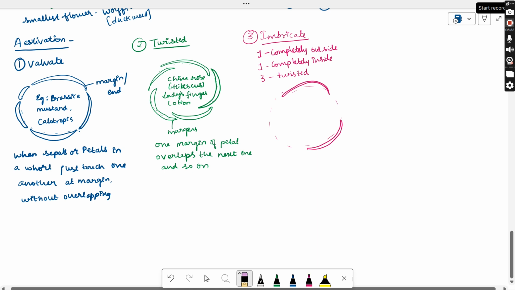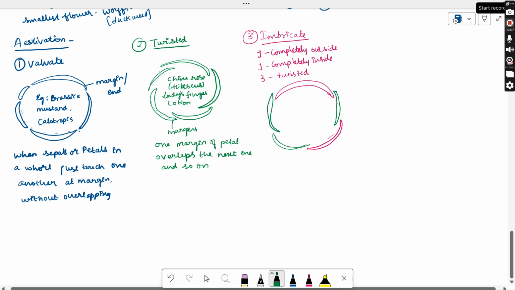The remaining three will show the twisted type, meaning one margin overlaps and the other end is overlapped by the adjacent one. So here it is arranged like this.